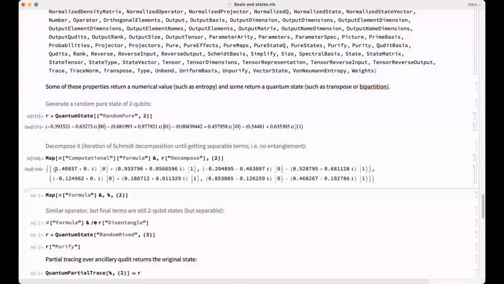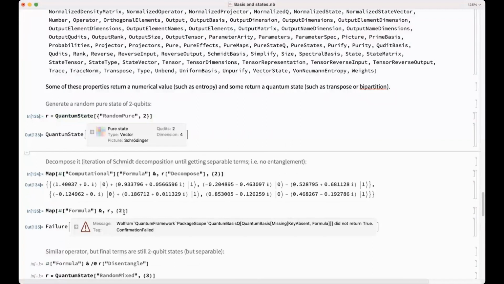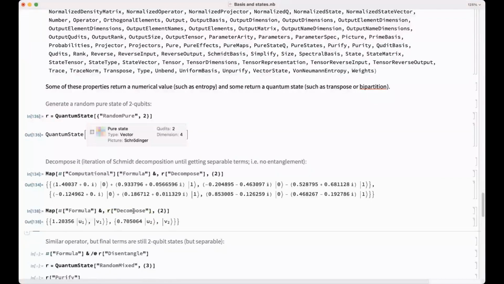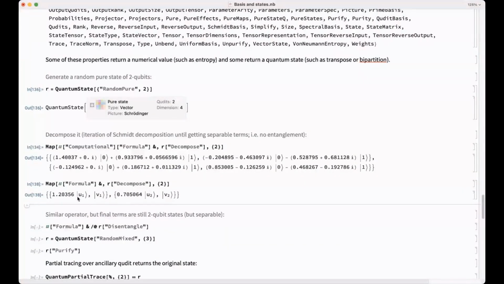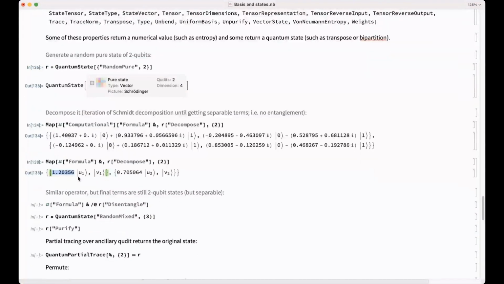You can decompose it into a sum. The outer list says that it's a sum of products, and each product only contains single qubit states. I wanted to show it in the computational basis, because this one is some new basis that we converted it into, which looks like basically a single ket vector that is not normalized.